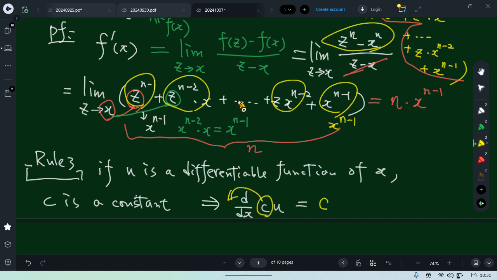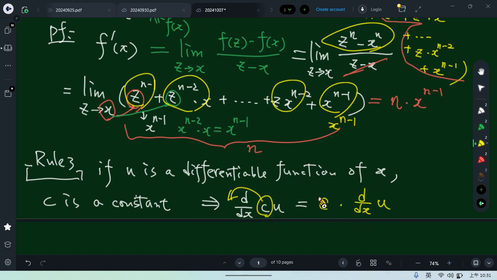We get c times d over dx of u. So that means if you have any constant times a differentiable function of x, you can simply move the coefficient out. Then we get the result just like this.